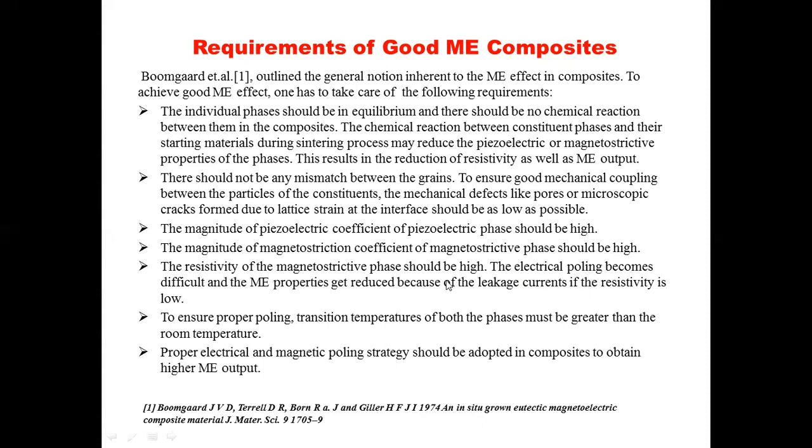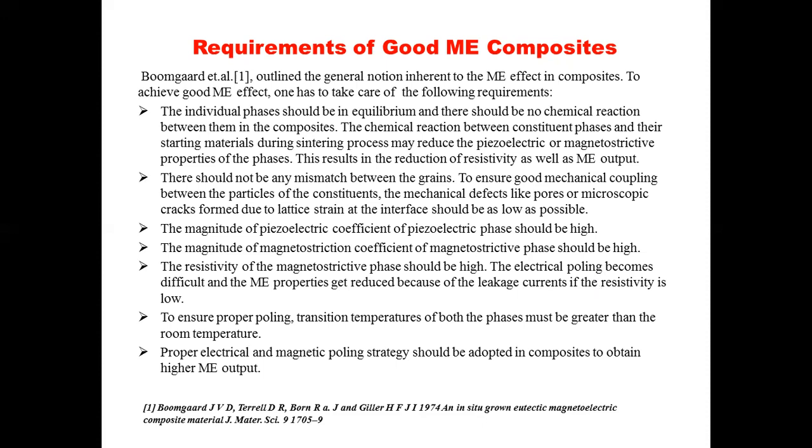If the resistivity of the ferromagnetic material is low, the electrical poling becomes difficult, and the ME properties get reduced because of the leakage currents. So here, suppose the resistivity of the ferromagnetic material is low, what happens to this ME effect?